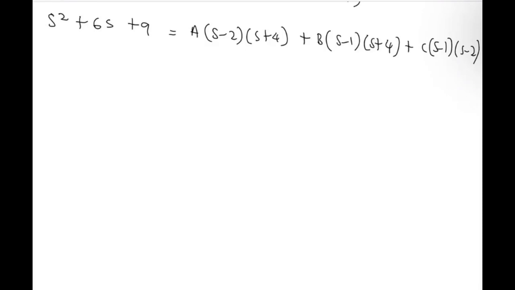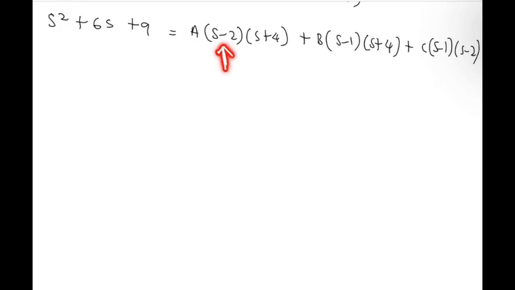If you see this fraction, we have here (s minus 2)(s plus 4), (s minus 1)(s plus 4), and (s minus 1)(s minus 2). So let's take, for example, that we want to cancel this A. To make it simple, let's make this bracket equal to 0.